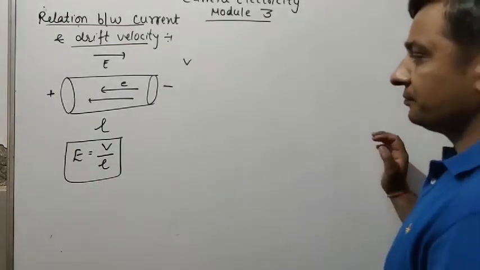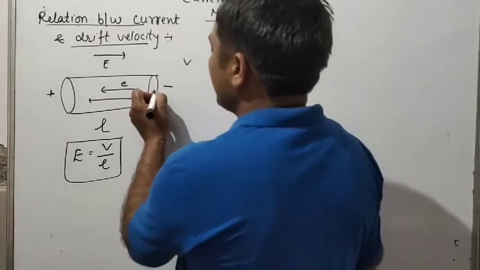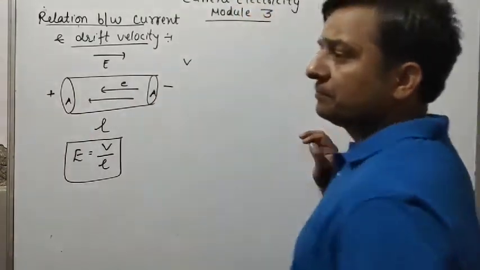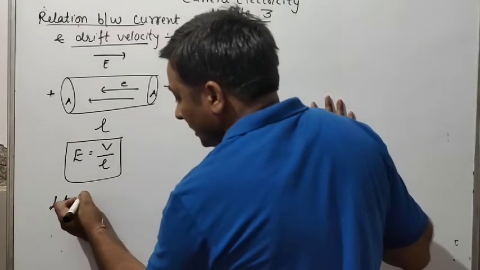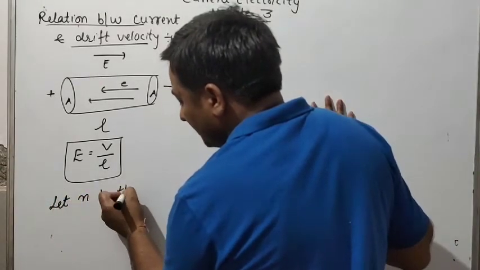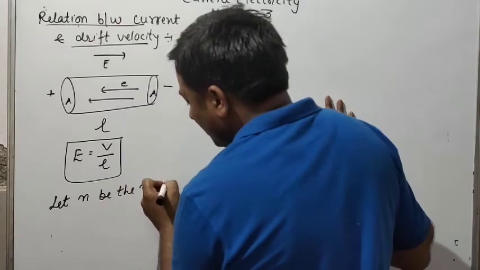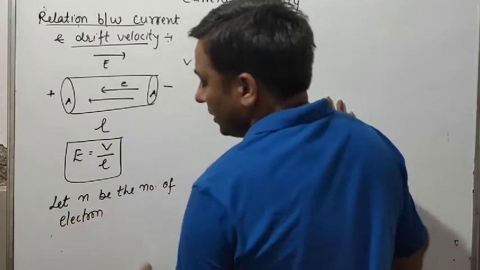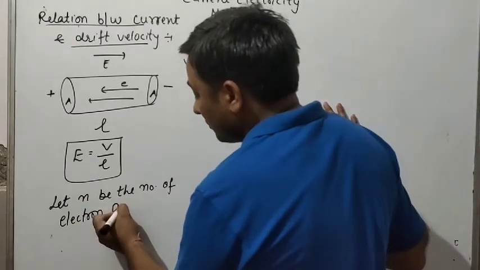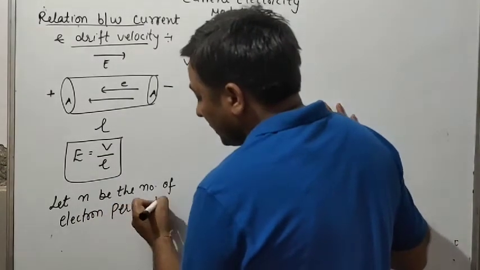Let this be the cross section of area A. Let n be the number of electrons per unit volume.